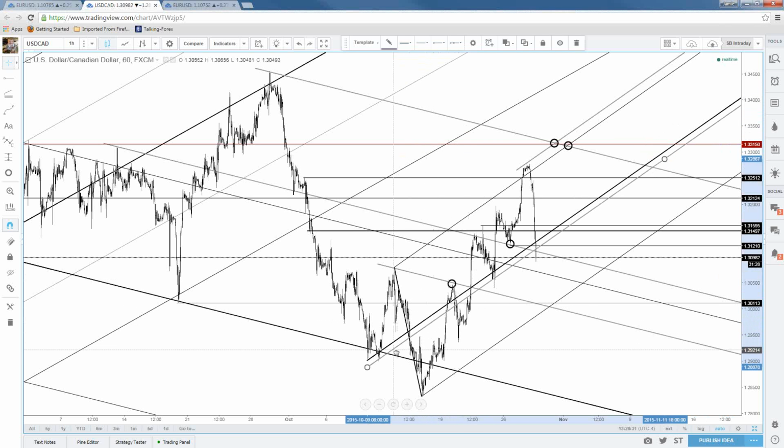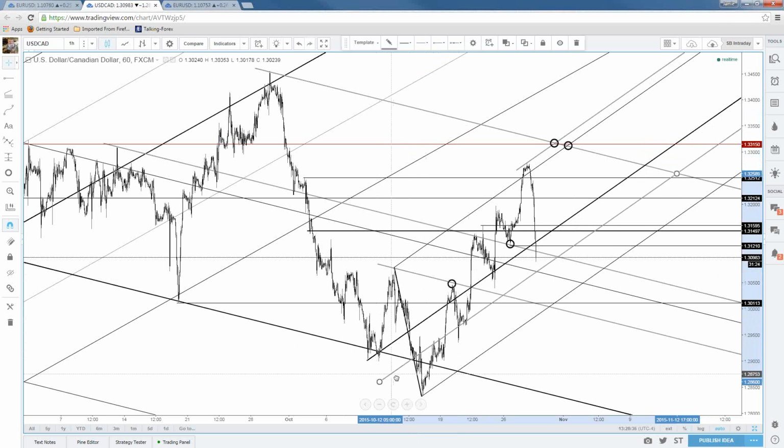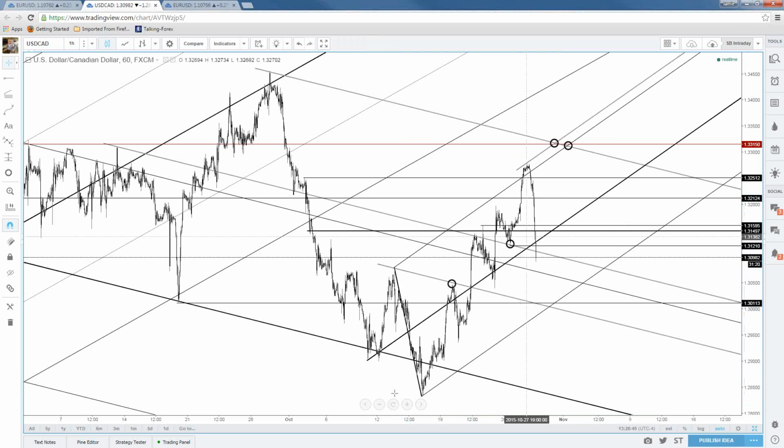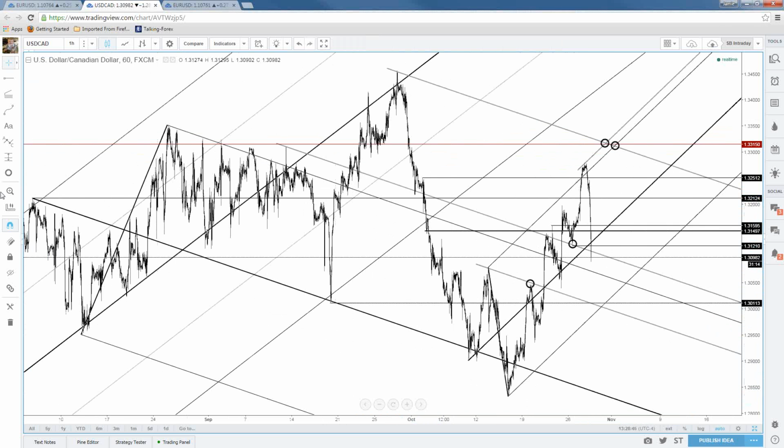It's not that clean. I wouldn't trade any of these until the lower parallel at this point, and that might actually be near 130. You've got the low over here, right? That low.